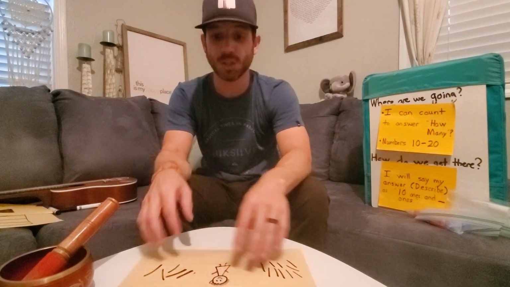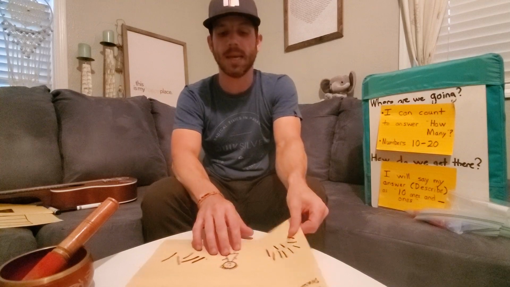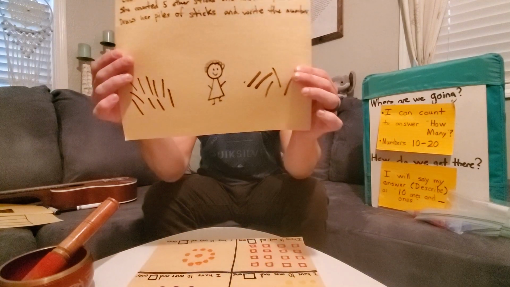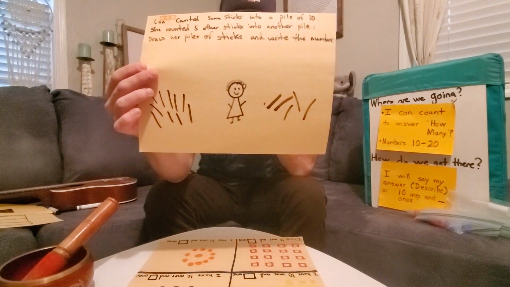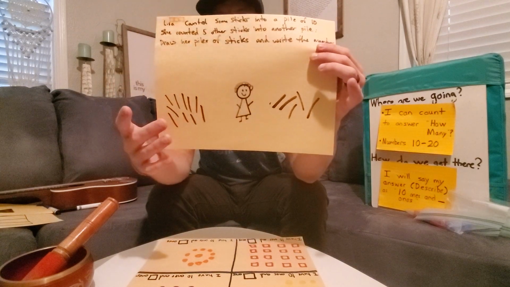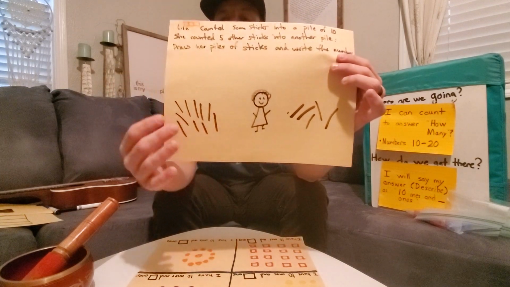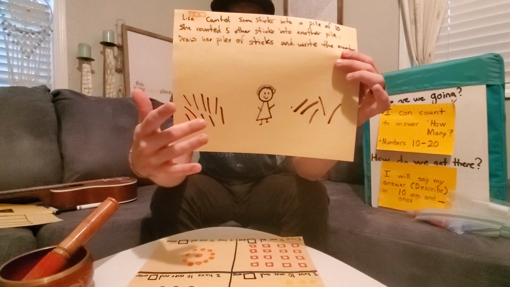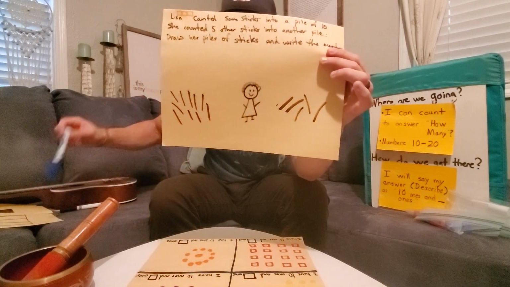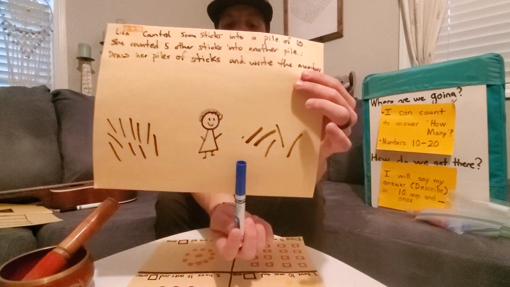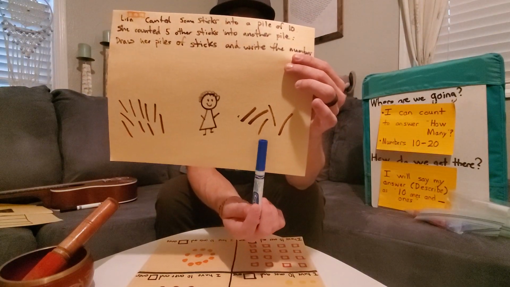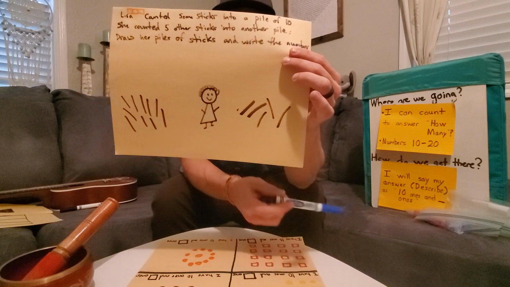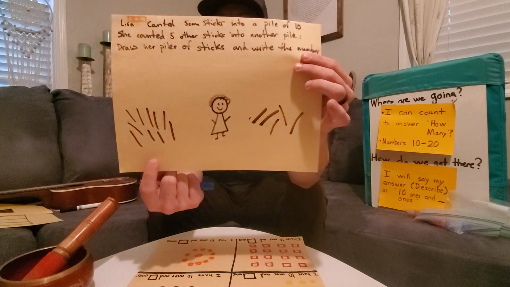Your paper should look like this on Seesaw. You're going to have a blank space, and you can use the drawing tool to draw the pile of 1, 2, 3, 4, 5, 6, 7, 8, 9, 10 sticks. So this was 10, and then we drew her other pile of 1, 2, 3, 4, 5 sticks. So we have one pile of 10.